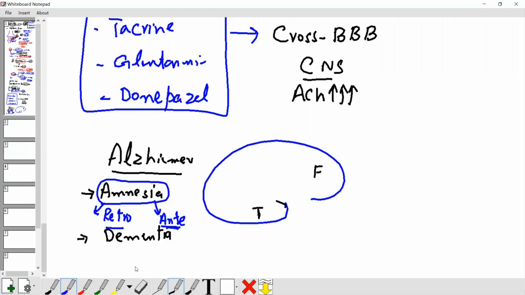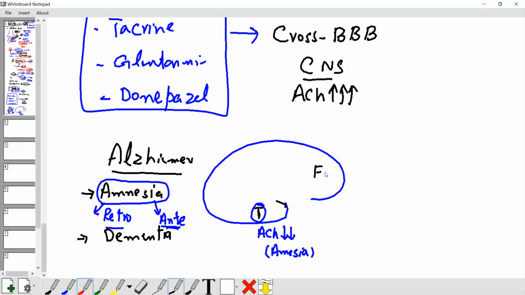If the patient has a problem in the temporal lobe, acetylcholine decreases in the temporal lobe, and the patient has amnesia. Understand? A problem in the temporal lobe causes amnesia.